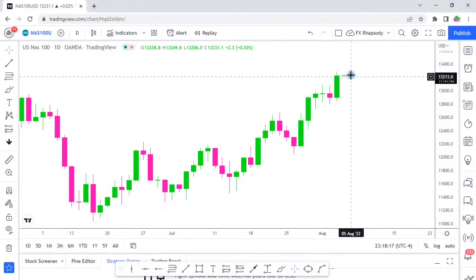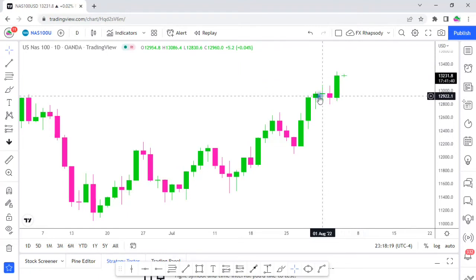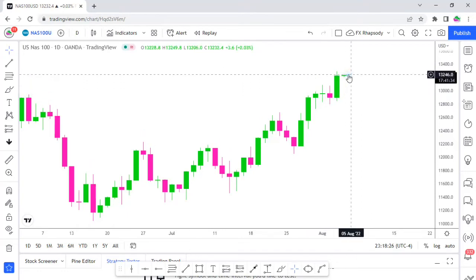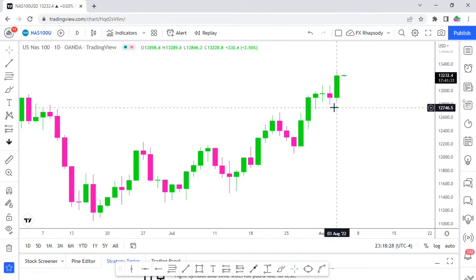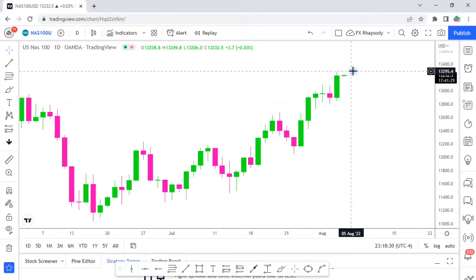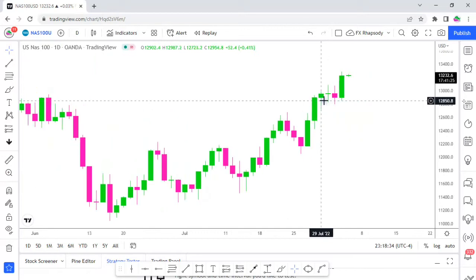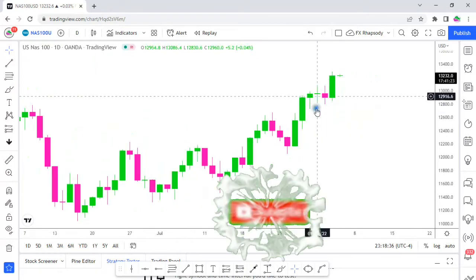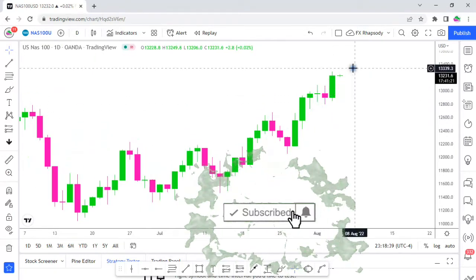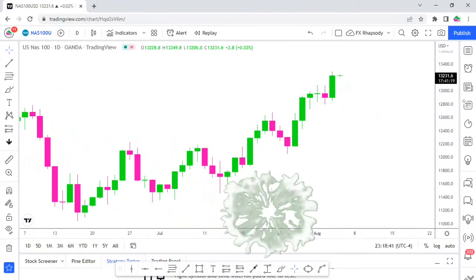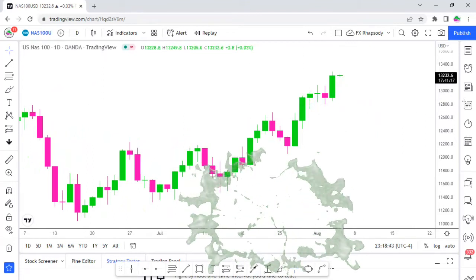And as you can see, we started off the week, I think it was around about here. Okay, we are a couple of days in and we see that upwards movement. And if you look at the COT reports, this is what we were expecting Nasdaq to do. There's lots of other things that you can look at, but on a fundamental basis, this is the movement that I was showing on the COT reports.